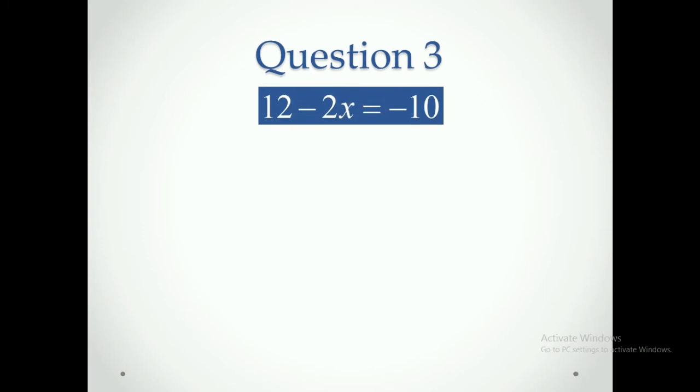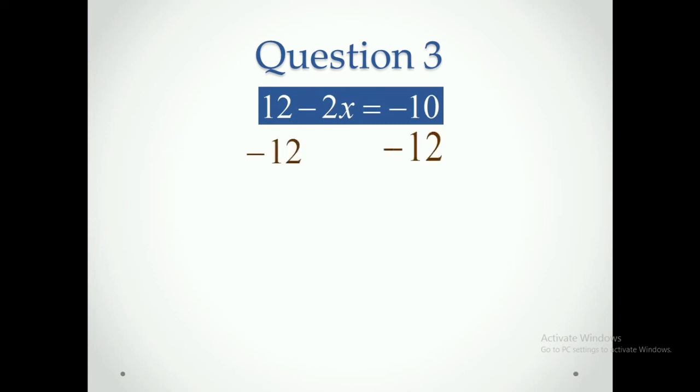Now the last one, 12 minus 2x equals negative 10. Now, even though the constant comes before the coefficient with the variable, the procedure is the same. So we need to undo that 12, which is a positive 12, by subtracting 12.